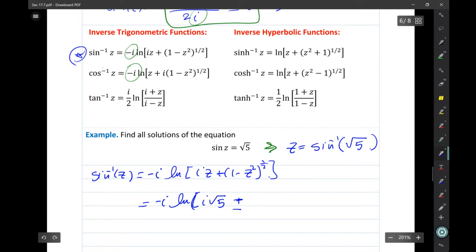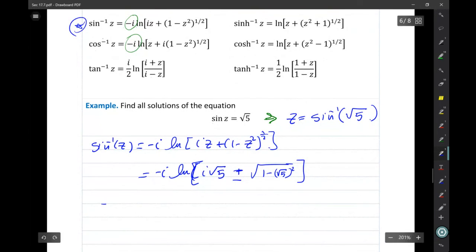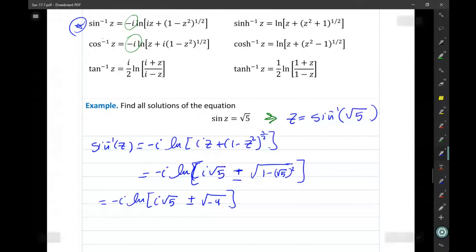minus or plus, because we have different values, the square root of 1 minus square root of 5 square, and that's equal minus I ln of I square root of 5 minus or plus square root of 5 square is 5. 1 minus 5, it is minus 4, which is equal minus I ln of I times the square root of 5 minus or plus square root of minus 4, it is 2I.